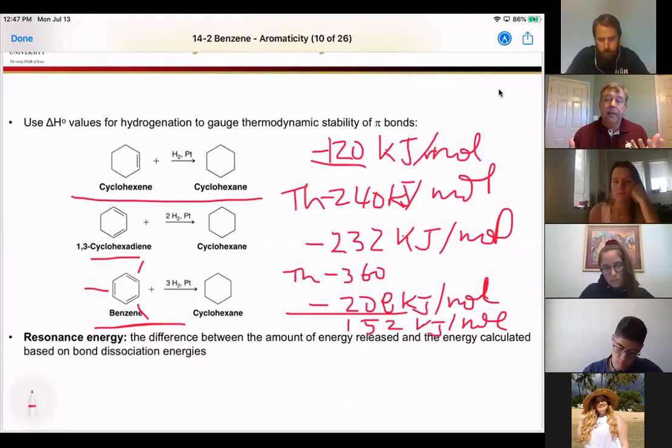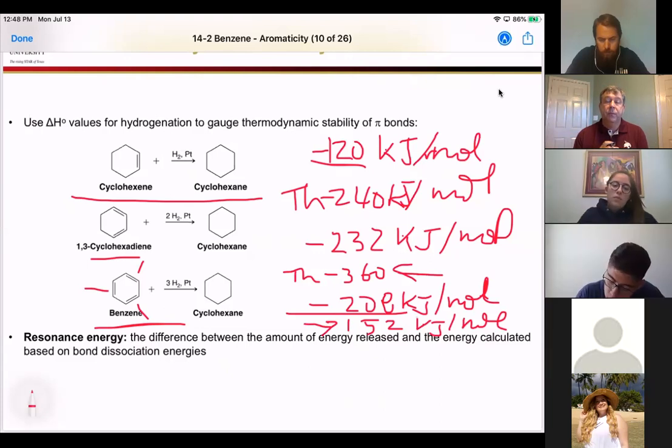But when we measure that, we actually find that it's less than that. And that comes from the fact that those two double bonds are in conjugation with each other, okay? So that's the conjugation stability. In the case of benzene, it's actually much less heat given off during the system. And the difference between the theoretical value for 3 isolated double bonds and the number we actually measure is this 152 kilojoules per mole, okay?